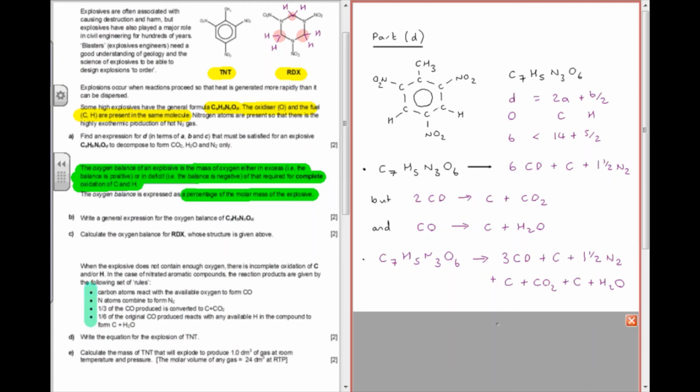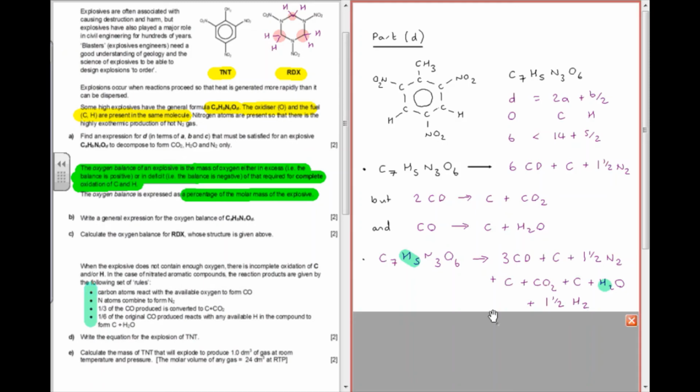The last thing we need to do is look at balancing the hydrogen atoms. We've got 2 hydrogen atoms in our products and 5 hydrogen atoms in our reactant there, which means that we also need to add another 1.5 molecules of hydrogen gas to our products.